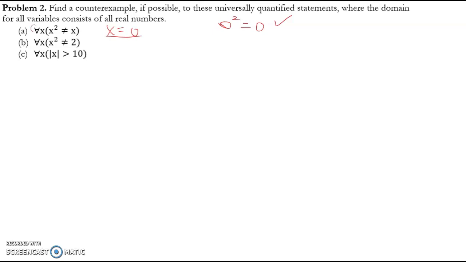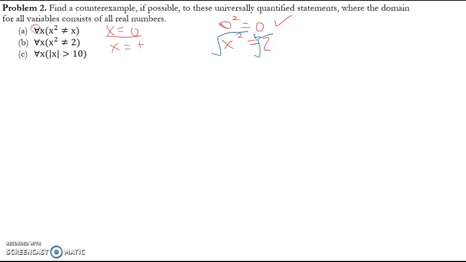And because of this for all statement, that's not true. All right, for B, all real numbers. Okay, so what if I say, let's pretend that this works. Then let me put square roots to both sides. That comes with plus and minus. So that would be my counterexample.